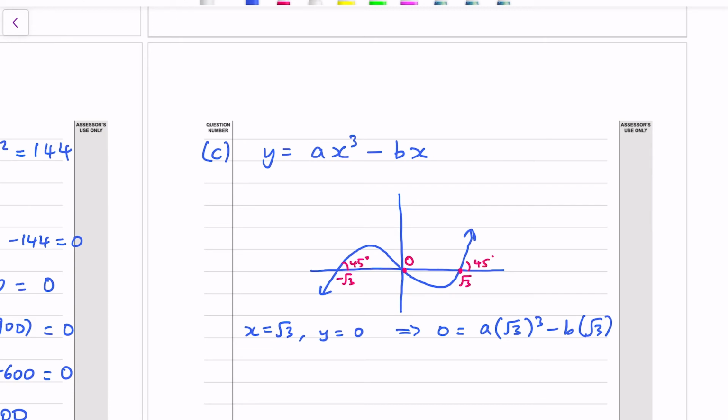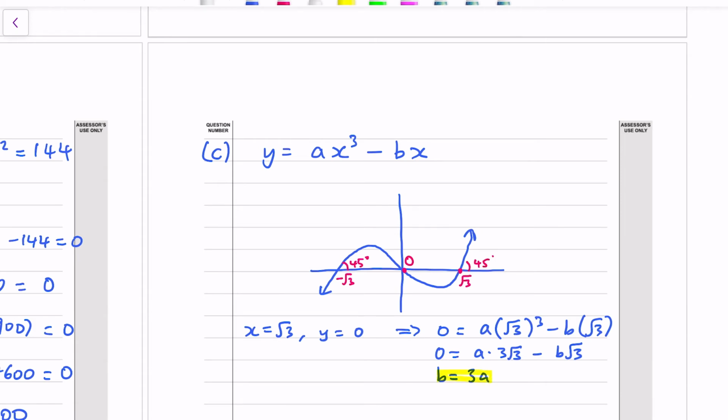Root 3 cubed is root 3 times root 3 times root 3, 3 root 3. And then if I divide through by root 3, I get b is equal to 3a. So that's one of the relationships we need between b and a.